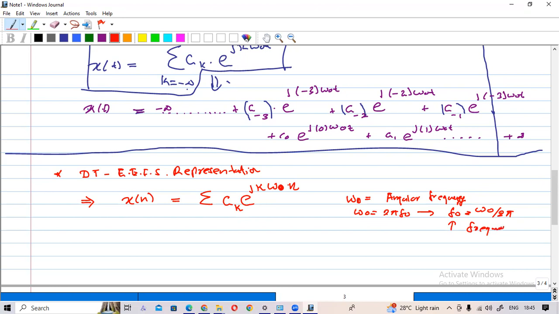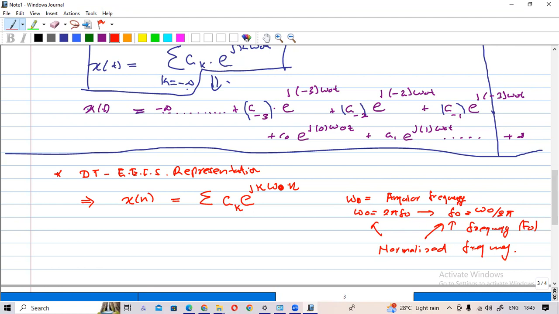For a discrete time signal, I told you, what did we call this one? Normalized frequency. So this may be a normalized angular frequency, and this may be normalized frequency. Normally we use capital F to denote it, as far as I can remember.